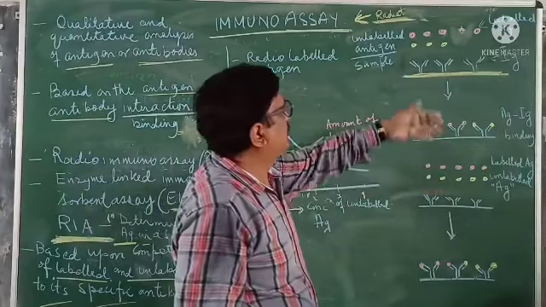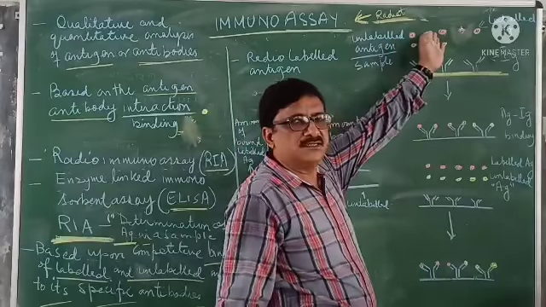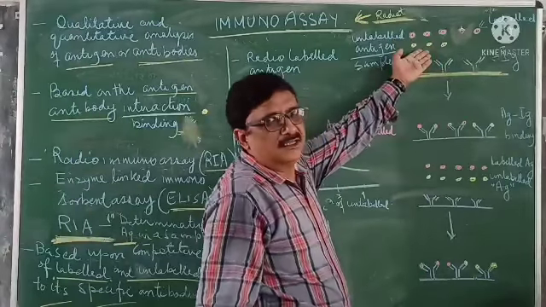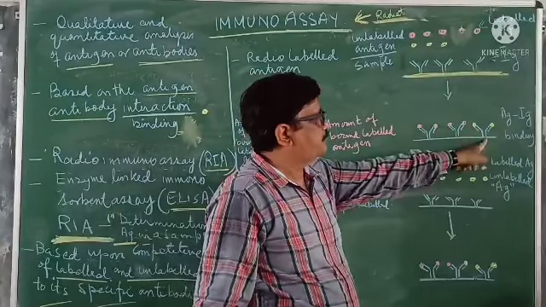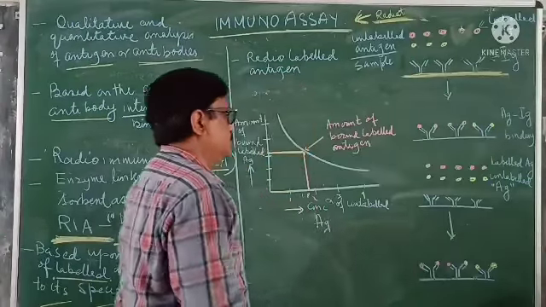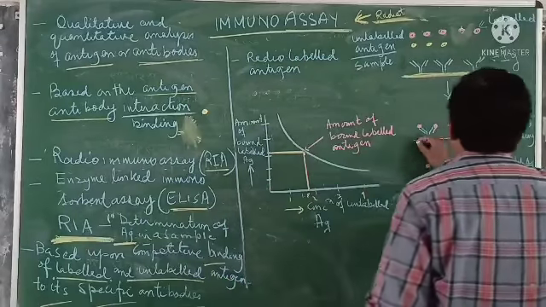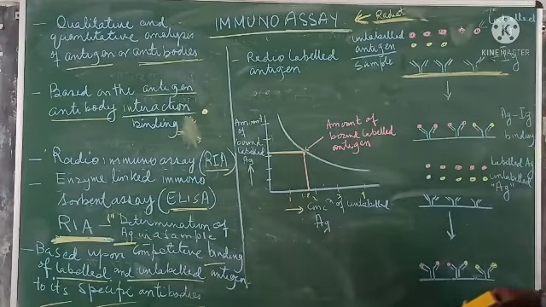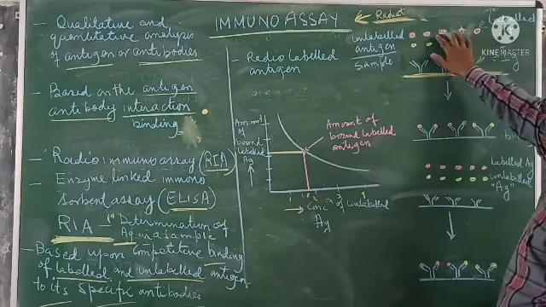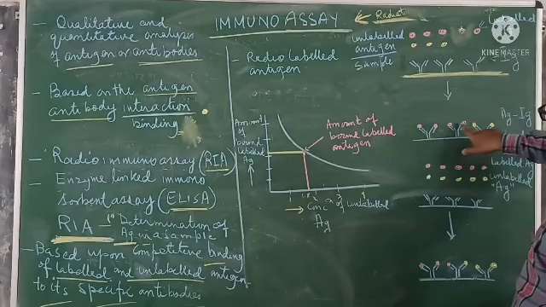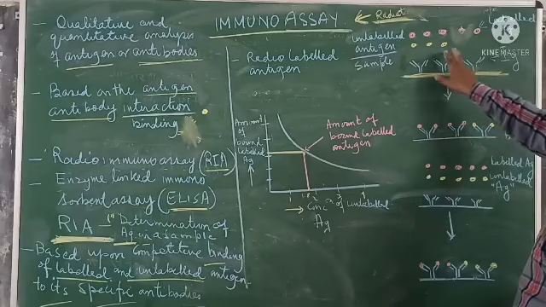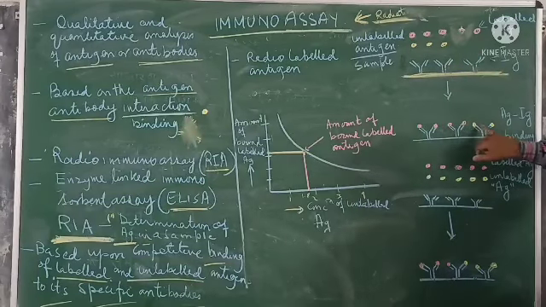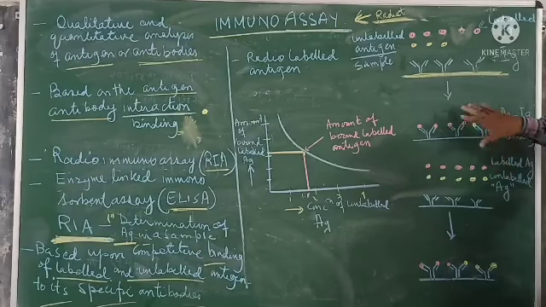Because the concentration of labeled antigen is more and the unlabeled antigen is less, their chances to bind with antibody will be less. So suppose this happens: out of 5, 4 labeled antigens bind with these antibodies, and out of 3, 2 bind with their specific antibody. This is the competition.